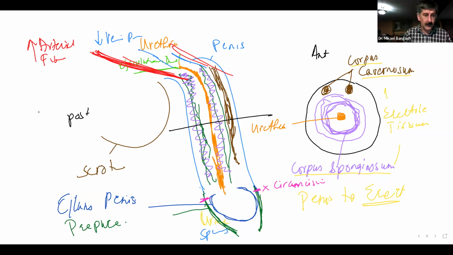And what that means is that the blood is going to be pooling in these structures here, which makes them hard, and that causes the penis to get erect.